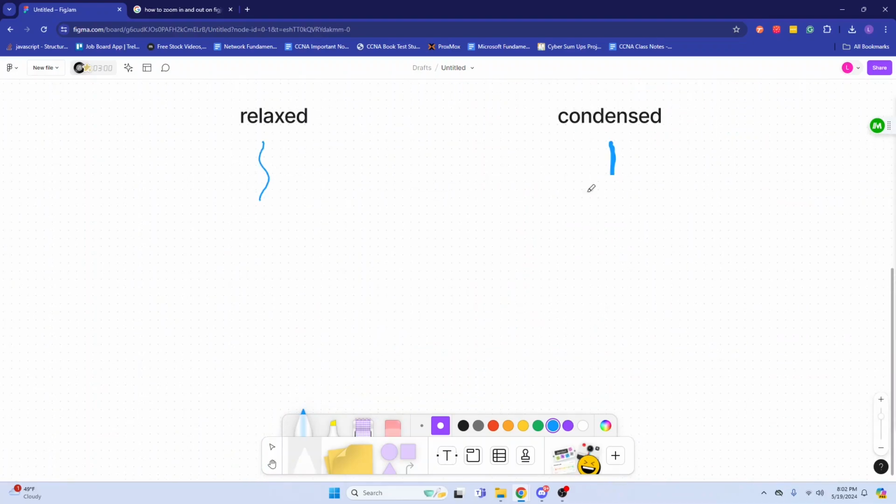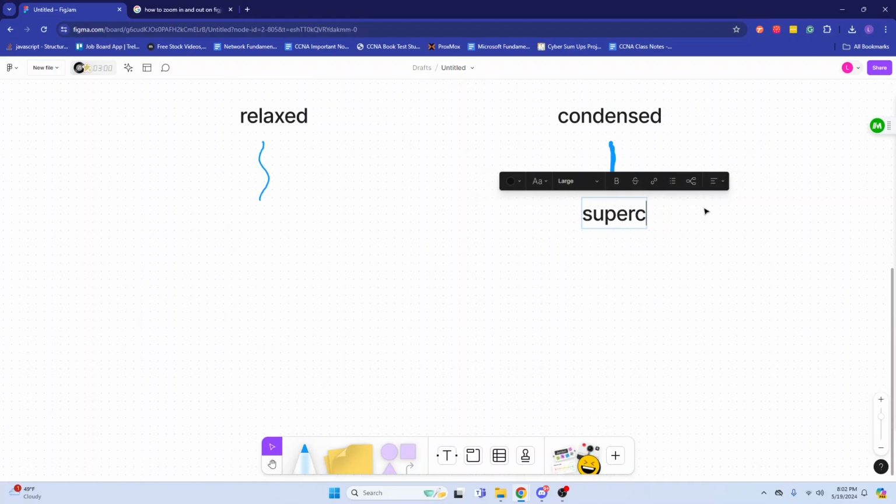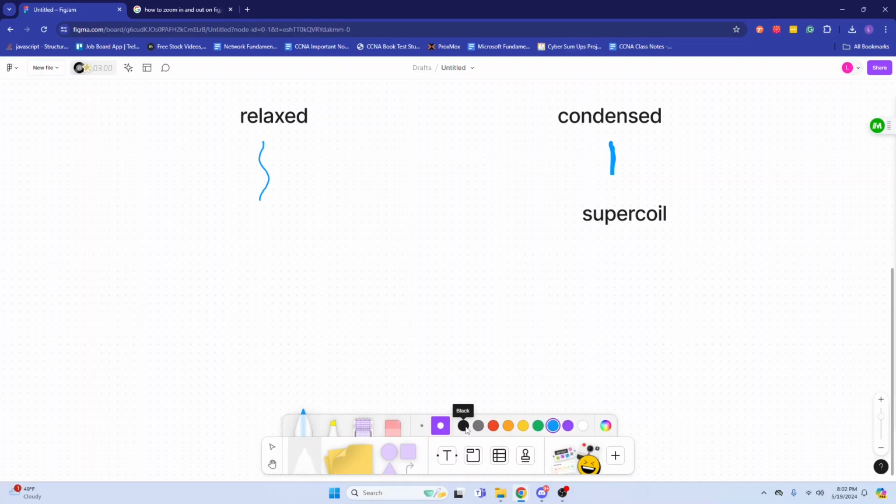But one thing that's associated with condensed is something called supercoil, okay? So there's a clear difference here between these two things. This is long and stringy, and this is condensed. The purpose that this serves is that, and let's switch to a different color here real quick, this is the normal way that a chromosome is.